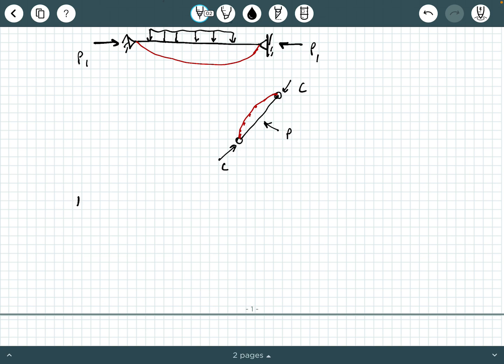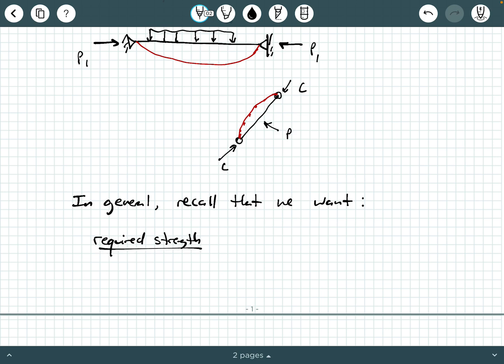In general, we need to recall that we want the following in design: required strength over available strength to be less than or equal to unity, 1.0.